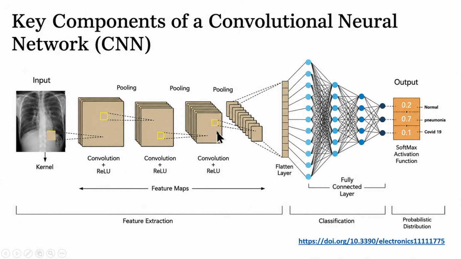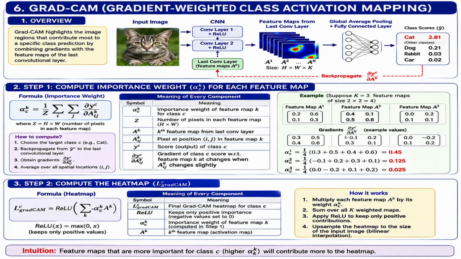After the last convolutional layer, we obtain feature maps. Feature maps we obtain after every convolutional layer. However, to understand GradCam, we are concerned only with the feature maps that we receive after the third convolutional layer in this example. In general, I can say the last convolutional layer. Let us consider that whatever is shown here are the feature maps from the last convolutional layer.